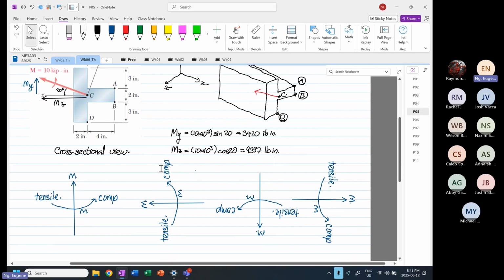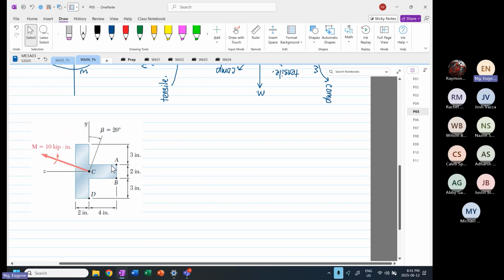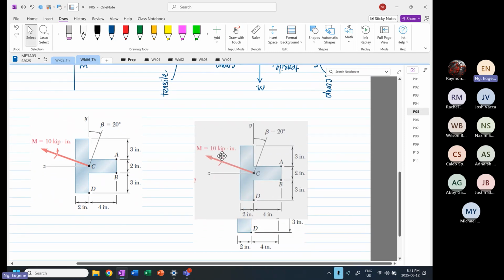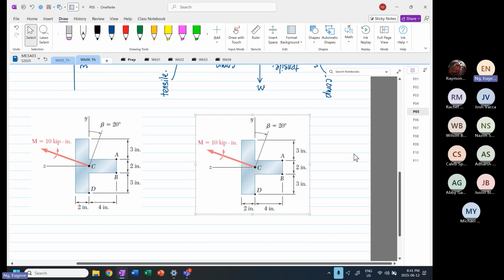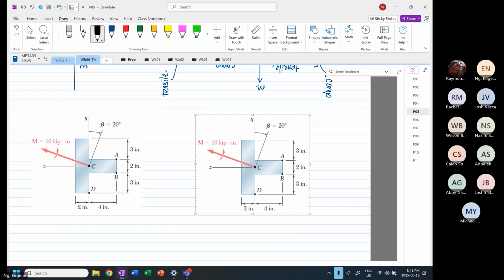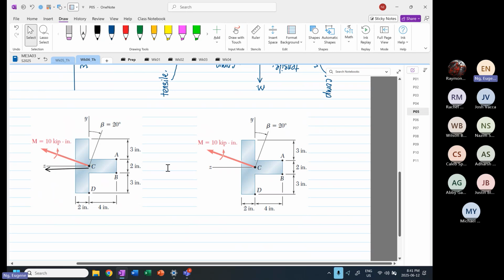So what I'm going to do now is take the moment vectors. We know that over here, this is our moment about the z direction.